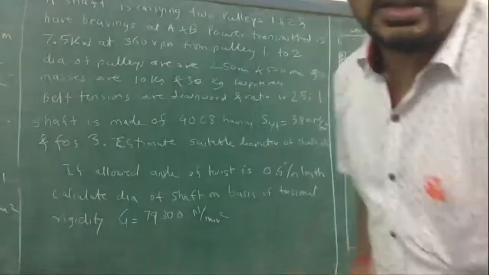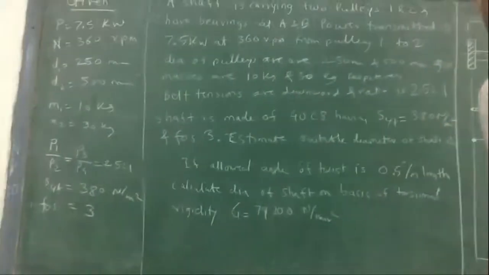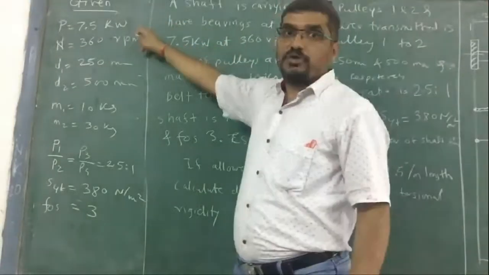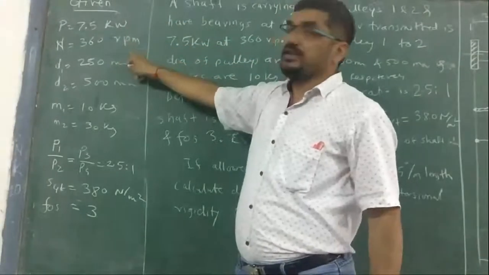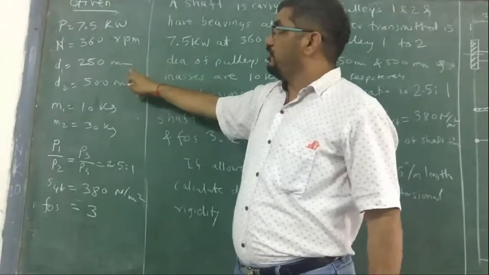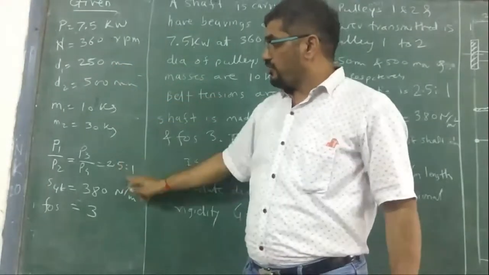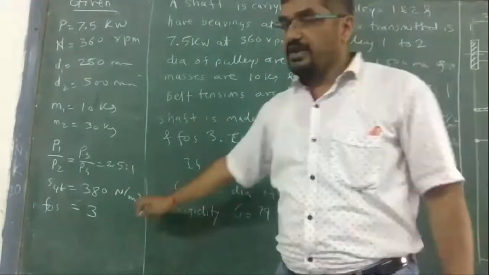Let's summarize what I have written. We have power of 7.5 kilowatt and 360 RPM, D1 is 250, D2 is 500, M1 and M2 are given, ratio of tensions are given, SYT and factor of safety.